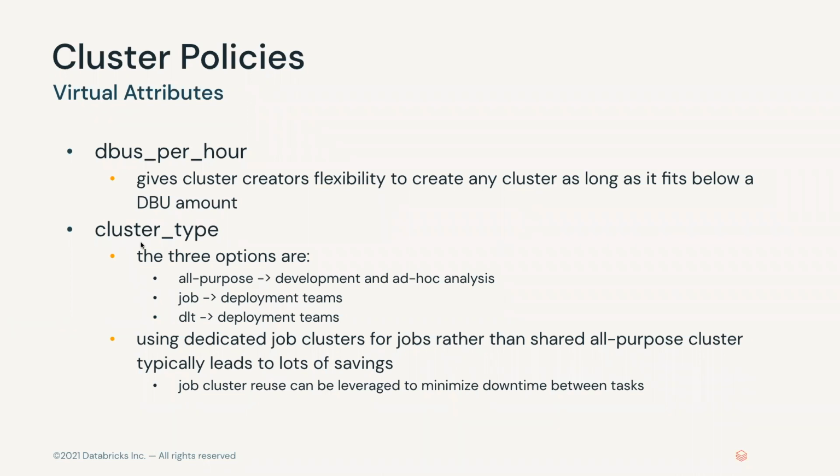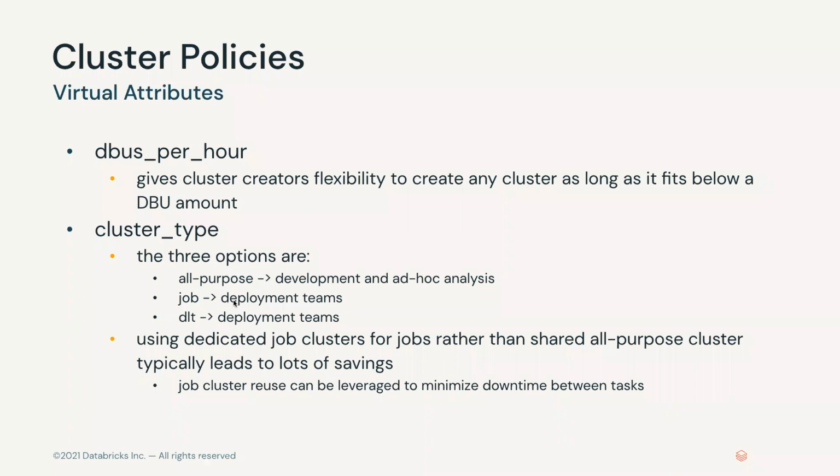And then there's also the cluster type, where it depends on what type of workload someone might be running. If it's just an ad hoc kind of analysis workload, they would use all-purpose clusters. You could also force them to use job clusters.